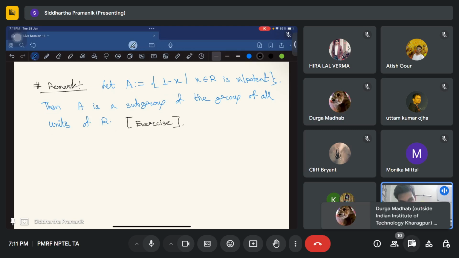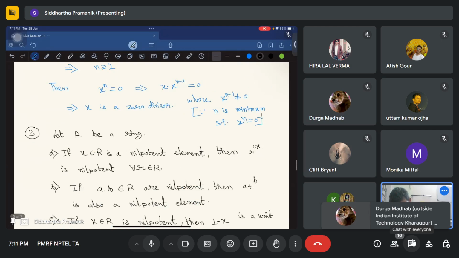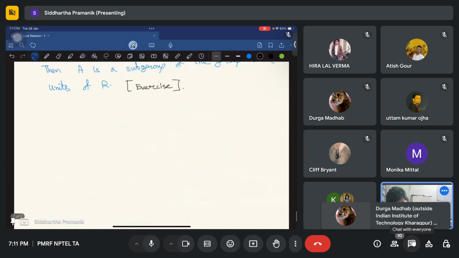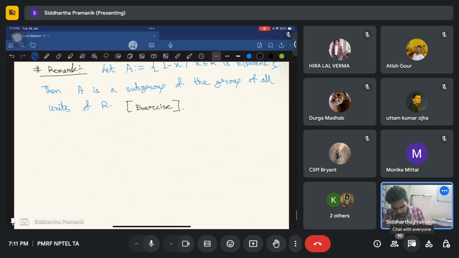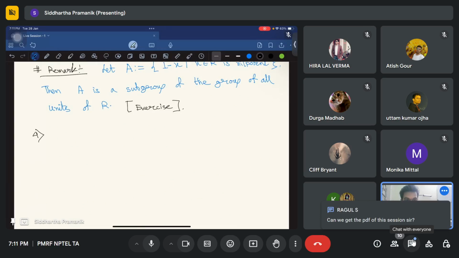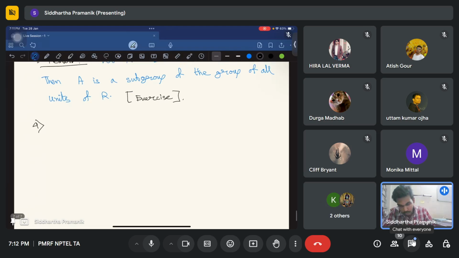Okay, let's move on to another problem. It's problem number 4. In the examples, I will upload the PDF. In the lectures, you have seen the ring of all continuous functions, right?